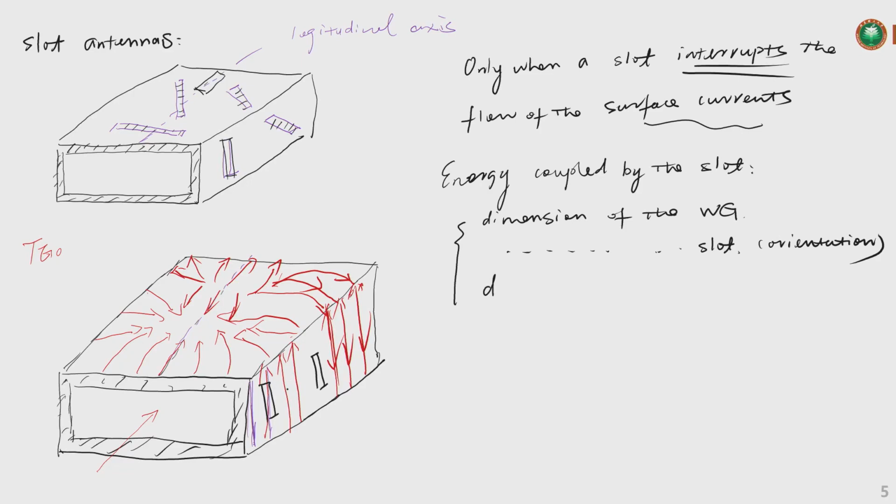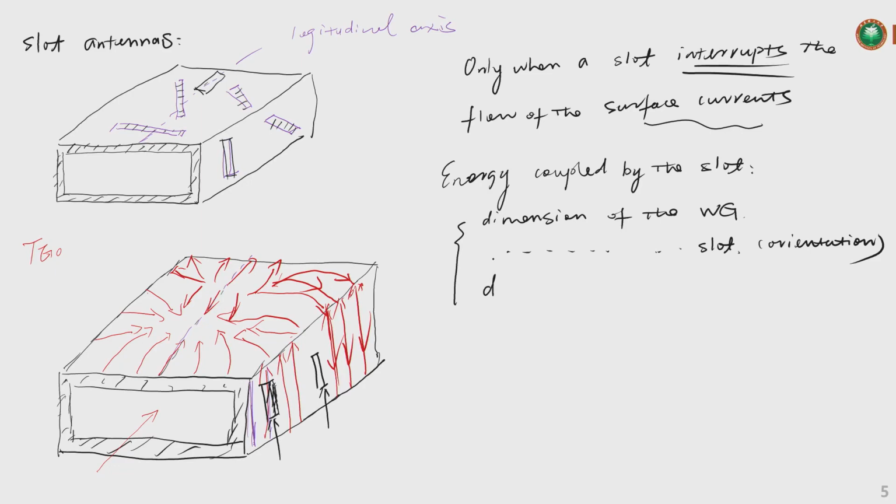The coupled energy or the output radiation is going to be different because the current density around this area is going to be different.